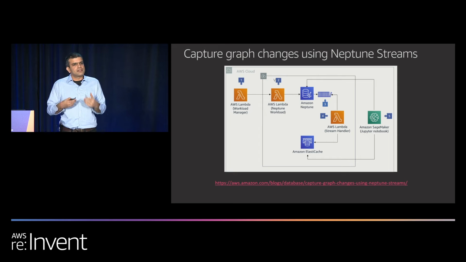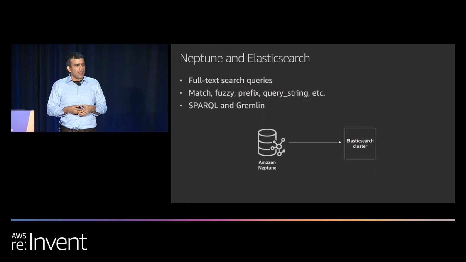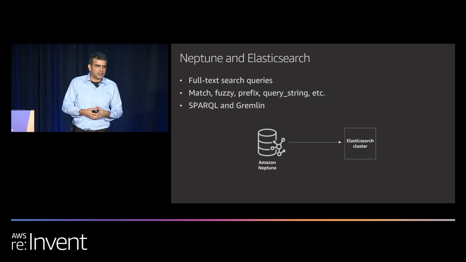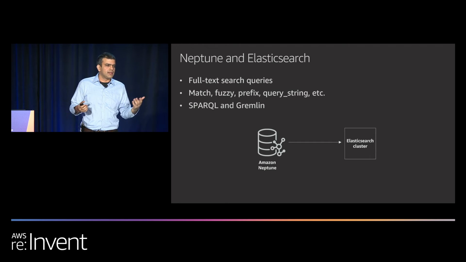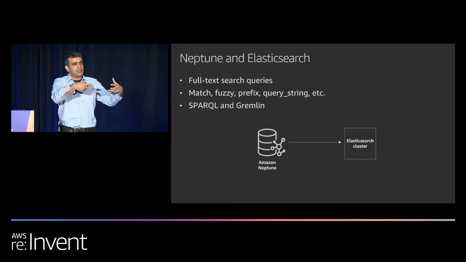Now, let's put all of these together and make something more interesting, right? And that's our integration with Elasticsearch. You probably saw the release come out in the last few weeks. What it does is leverage the purpose-built capabilities of Elasticsearch, which is good at managing text search on your data set using text indices, and leverage those capabilities in your Neptune queries. So you can use your existing cluster, or you can create a new Elasticsearch cluster, and have those be federated from Neptune.